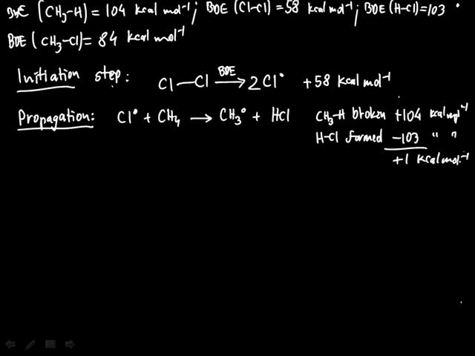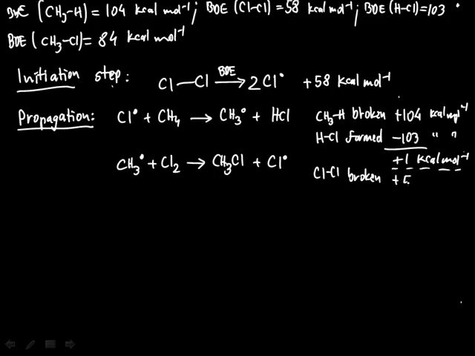But as we mentioned, the propagation is a two-step process. So the second step is CH3 plus Cl2, giving us CH3Cl plus a single Cl. And in this case, we break the Cl-Cl bond, and so this comes with a price. But this price is relatively small because this is a weak bond, so it's just 58 kilocalories.